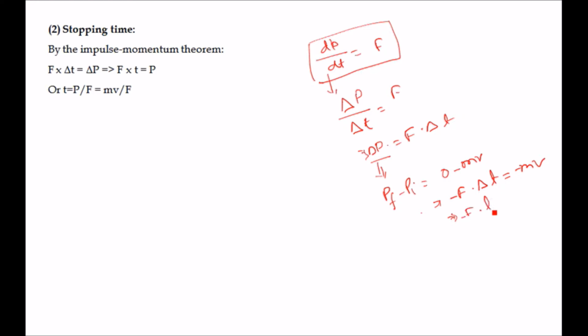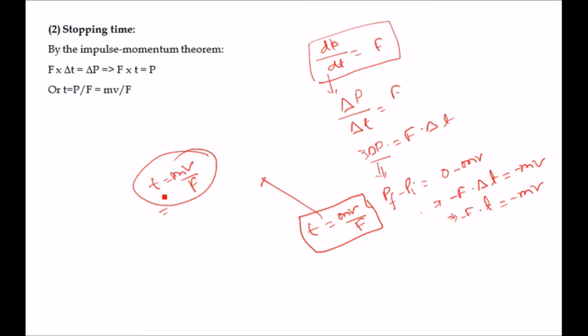So minus F t is equal to minus mv, and we get t is equal to mv by F. Next time in the examination, you can directly write t equals mv by F. So you get the stopping time this way, and the stopping distance x is equal to mv square divided by 2F. These are the two formulas, for stopping distance and stopping time.